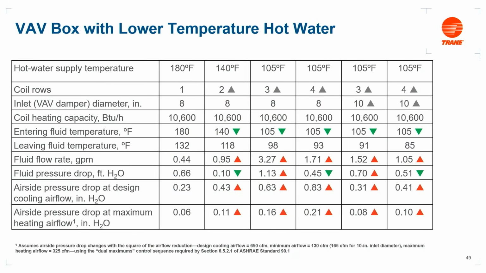Now let's look at this example in more detail and apply lower temperature hot water to the coil. In this example, either a 3 or 4 row coil is needed to provide the required heating capacity of 10,600 BTUs per hour. In some cases, you can upsize the VAV box from an 8-inch to a 10-inch box as a method to further minimize the impact of both pumping and supply fan energy use.